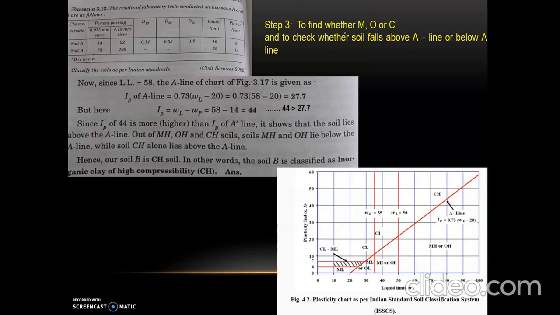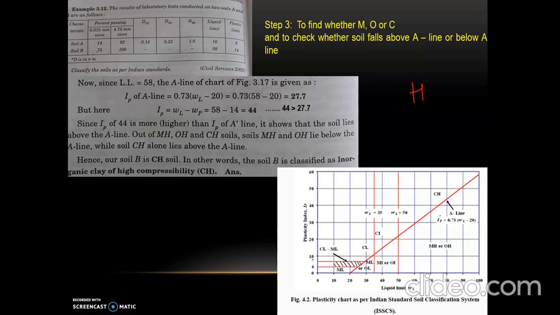From the previous steps, we have already confirmed that the soil has high compressibility. That means the second letter is H. But we do not know whether the soil is silt, organic matter, or clay. That means the first letter has to be found out. To find the first letter, we will find the IP of the A line and the IP for the given soil.